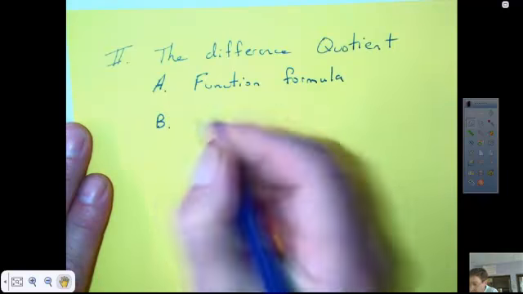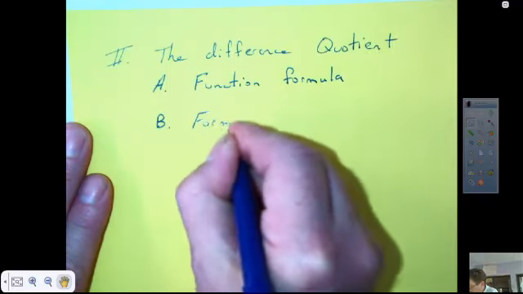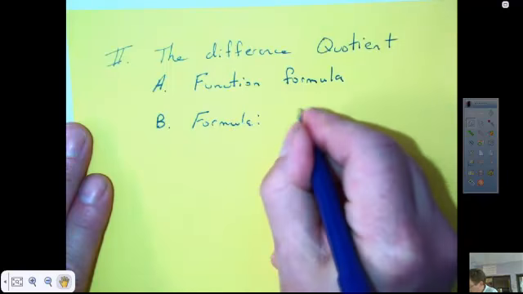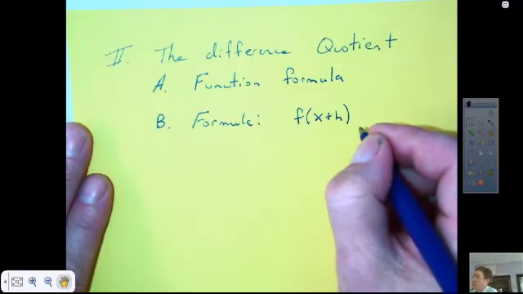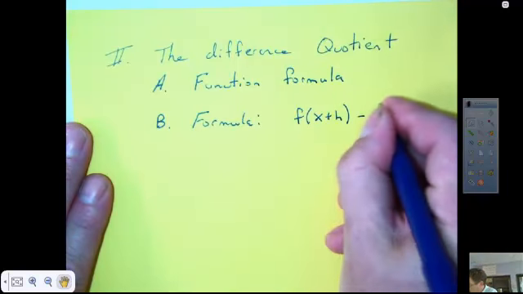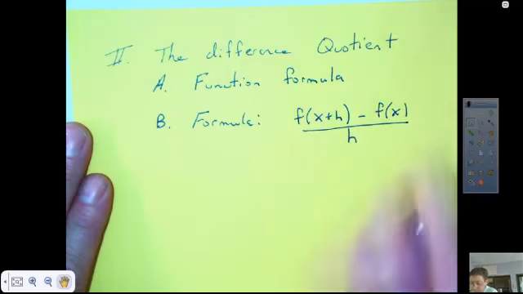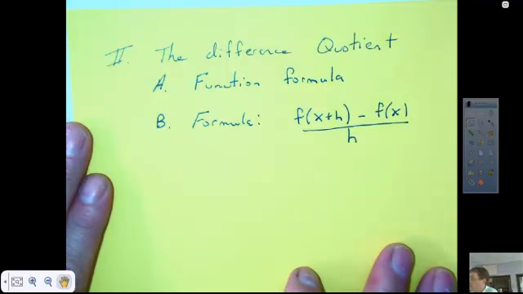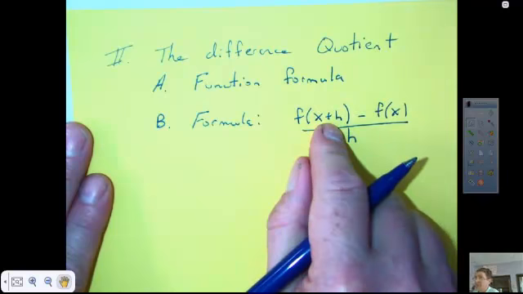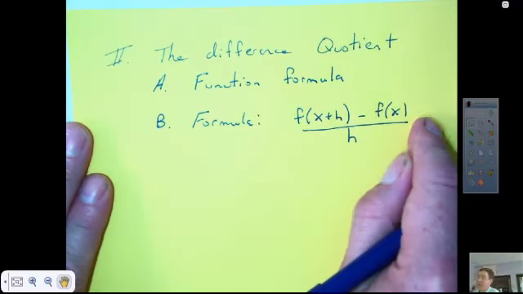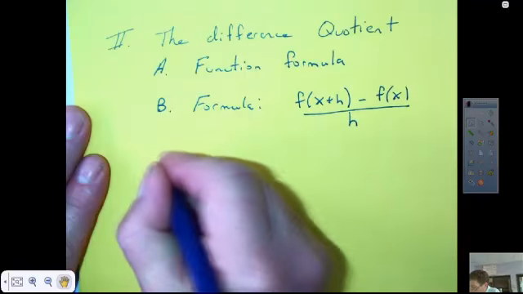The formula is f of x plus h, minus f of x, divided by h. I think this book uses an h; other books might use other things. So this just says what to do: find f of x plus h, then subtract from it f of x, and divide all that by h. Let me run through a couple examples of what this will look like.